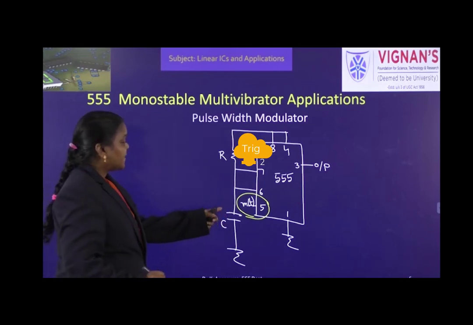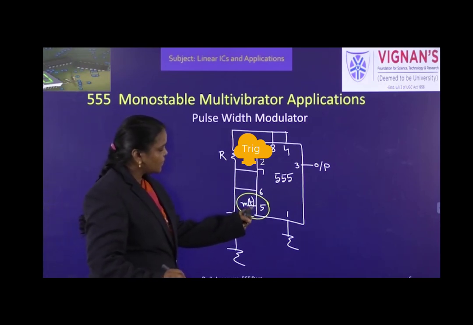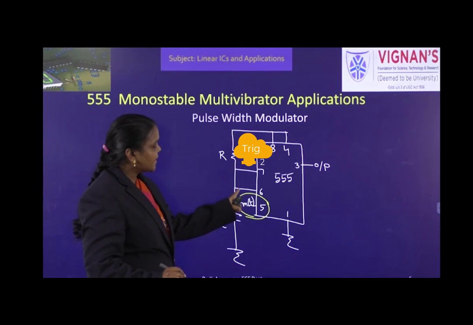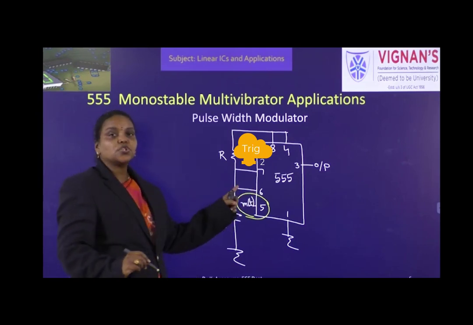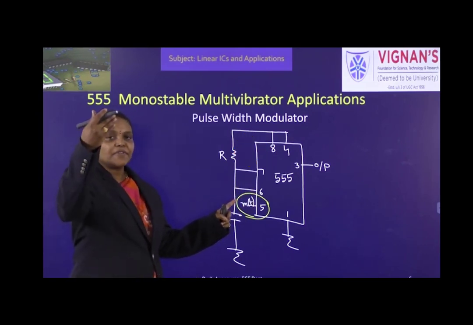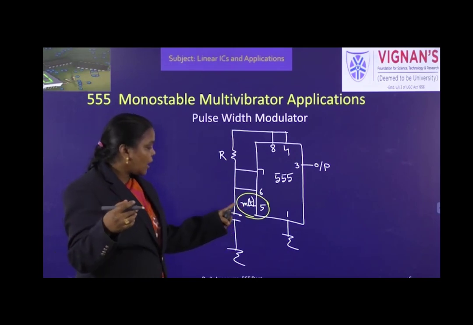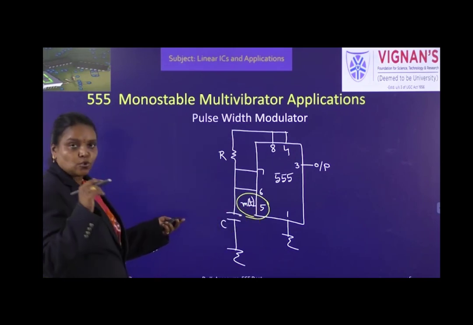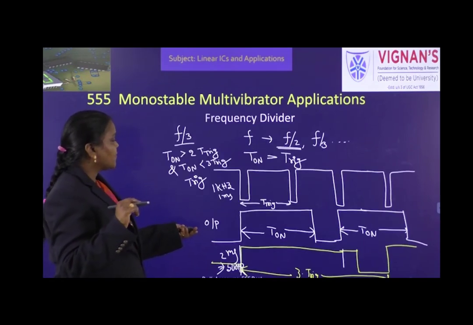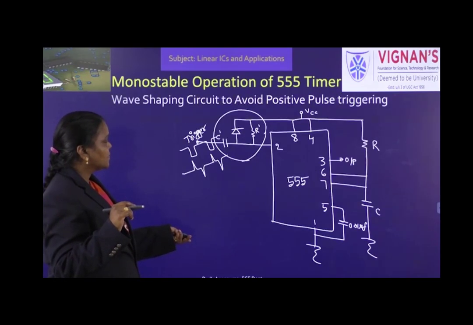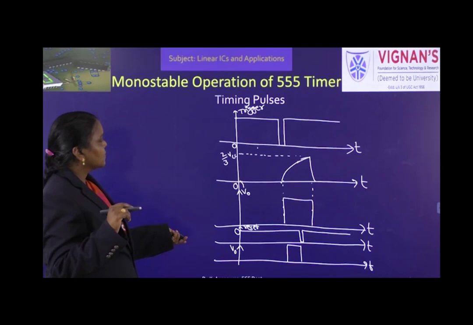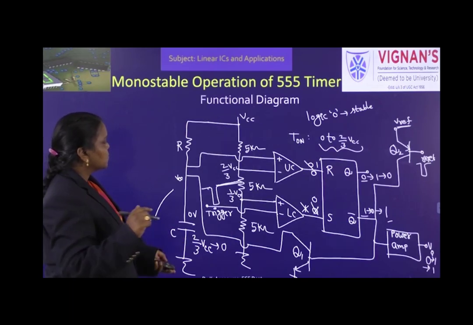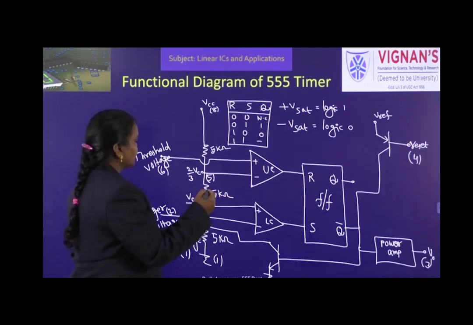So what is happening actually? Actually, when the capacitor voltage exceeds 2/3 VCC, the output goes from high to low. But now, instead of 2/3 VCC, what is the 5th pin? That is the 2/3 VCC pin, you see in the functional diagram. So this is the 5th pin, right?